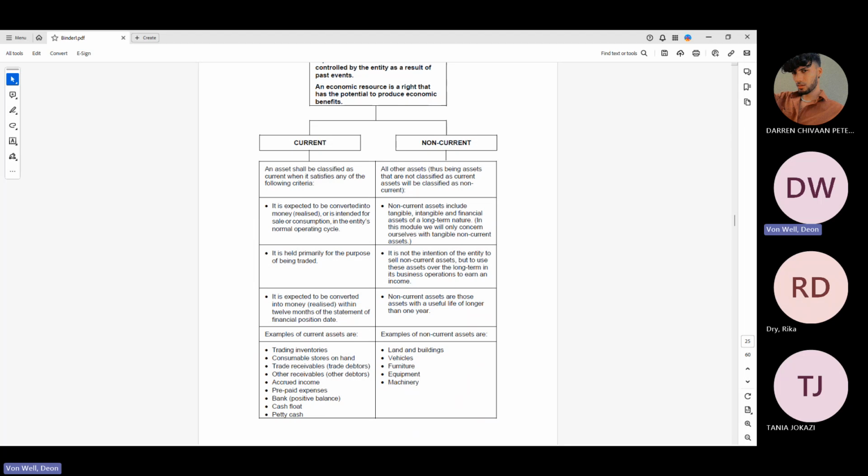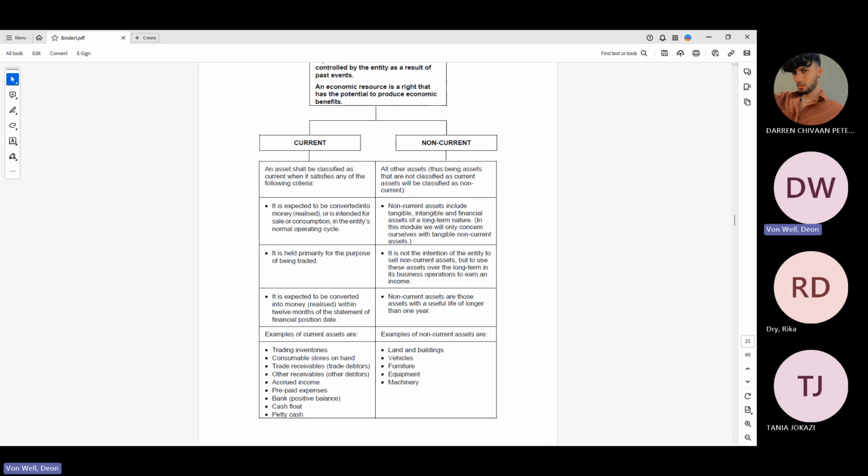My short-term or current assets are my trading inventories, my consumable stores on hand, my trade receivables, my other receivables, my accrued income, my prepaid expenses, my bank. And remember, bank is a devil. It can be favorable, then it's an asset.